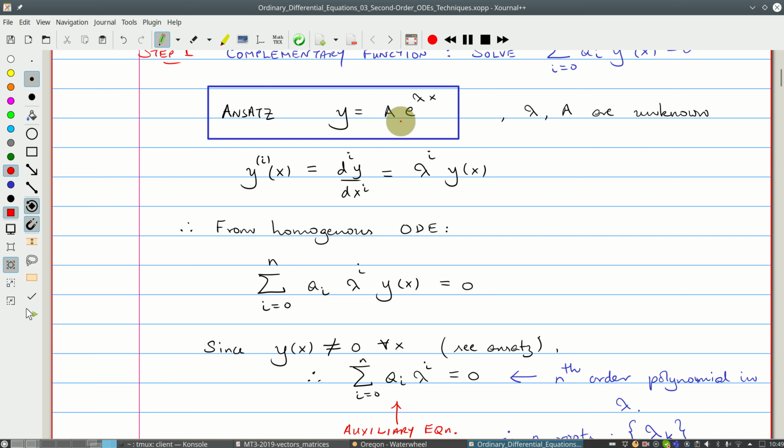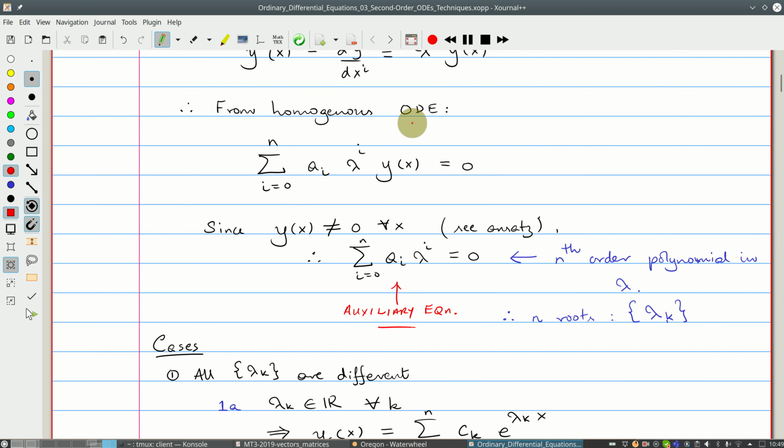If A is non-zero, because otherwise that would be the trivial solution, then unless lambda was minus infinity, y is never 0. So what we must have is that the sum i from 0 to n of the constants a_i times lambda to the i must be 0. And this is a polynomial equation, an nth order polynomial in lambda.